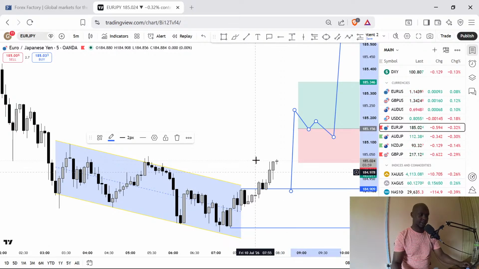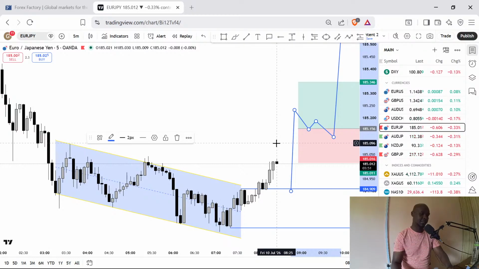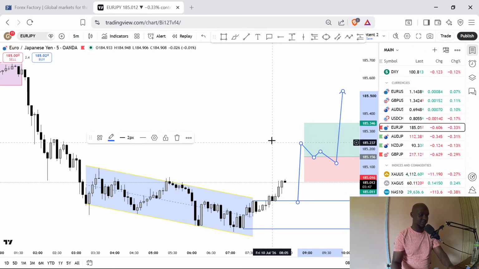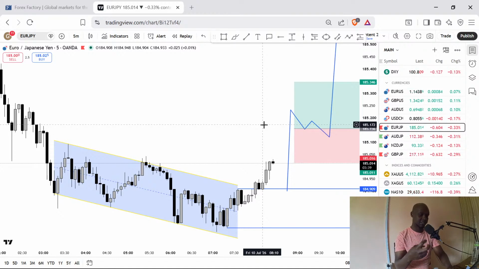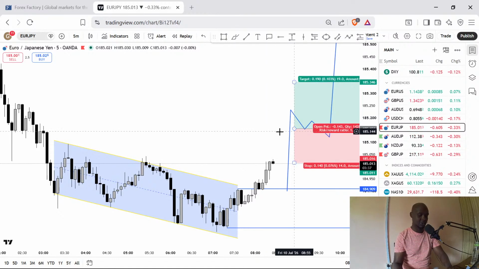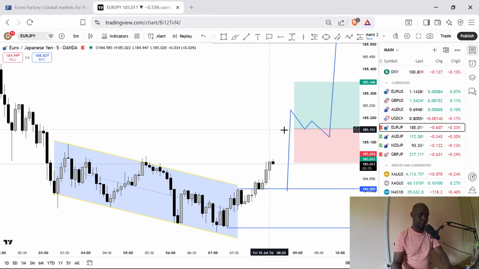With Euro JPY, there's no need to move my high. My pivot high is still here. So I'm still waiting for an impulsive bullish candle close to confirm momentum before I can start looking for entries on the pullback.